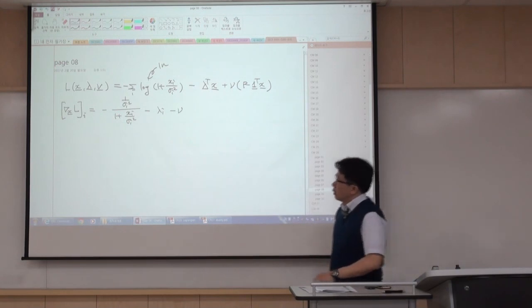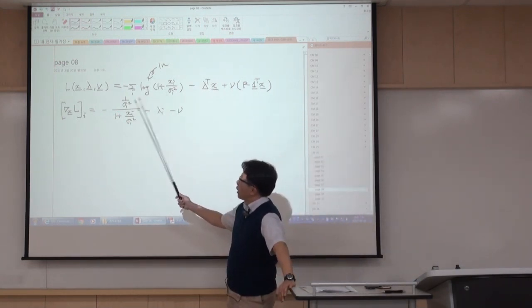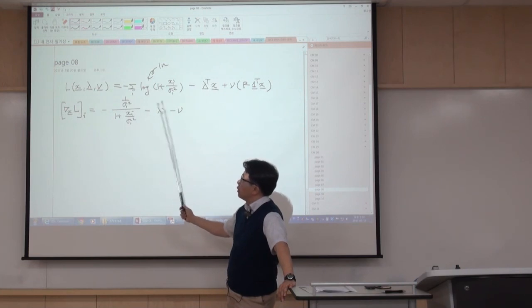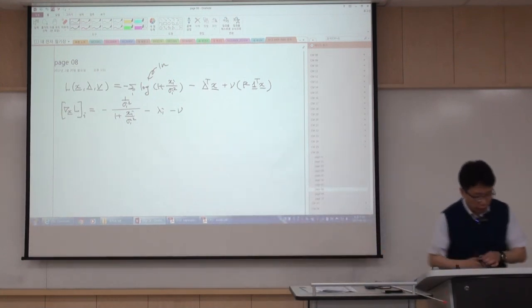Now, we want to find the pair of x, lambda, nu, x tilde, lambda tilde, nu tilde, satisfying this equals 0 for all i.